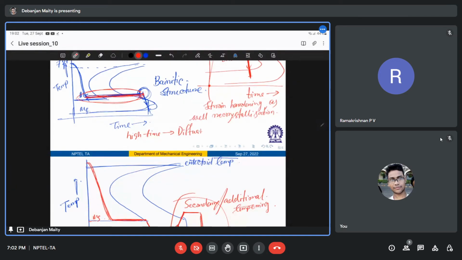There can be some kind of volume shrinkage. Whenever you have a liquid and it is getting solidified, there will be some kind of shrinkage trends because of the expansion coefficient.